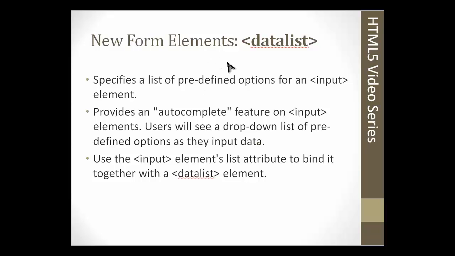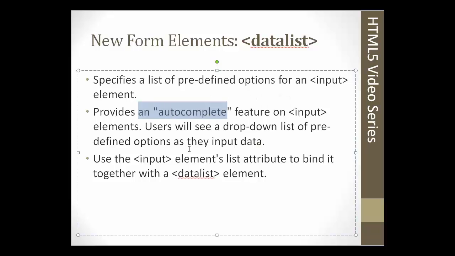This is different than a select list where you click an arrow and a drop down would pop up and you'd select one. This is an actual regular text field, and as you type, it's used as an autocomplete.